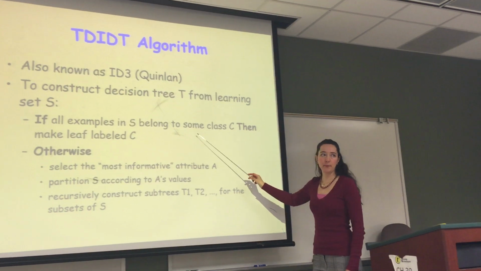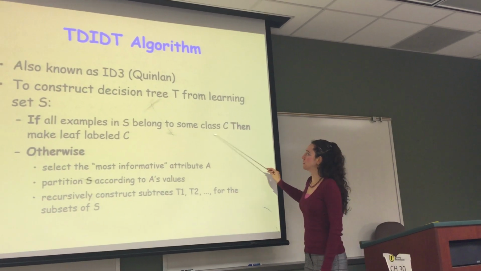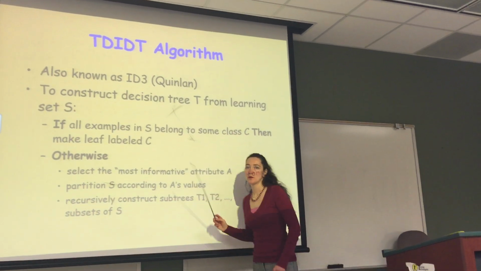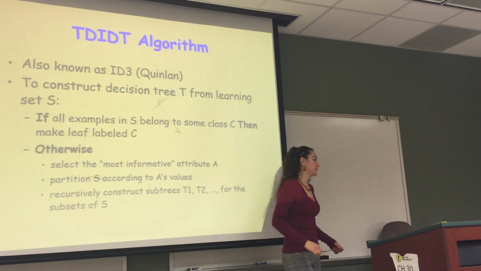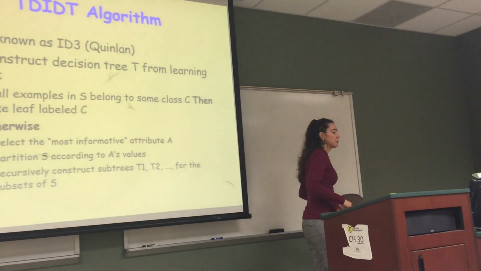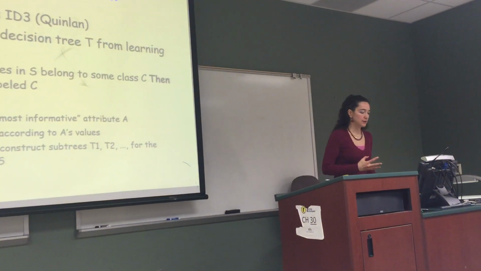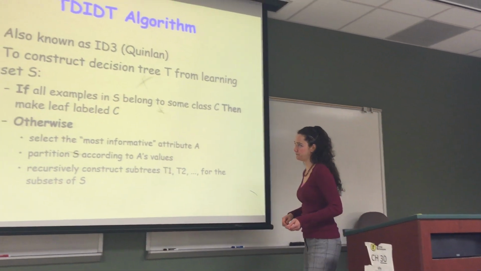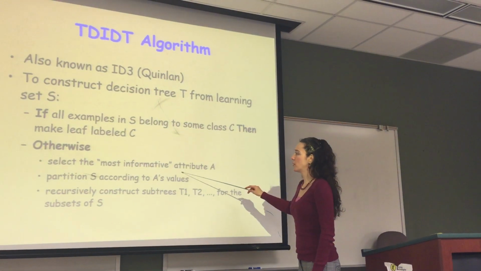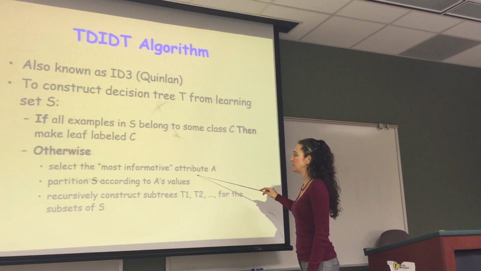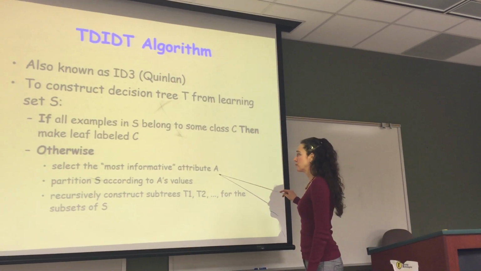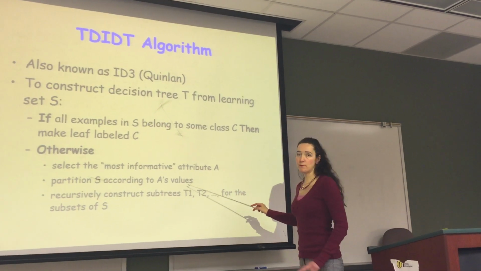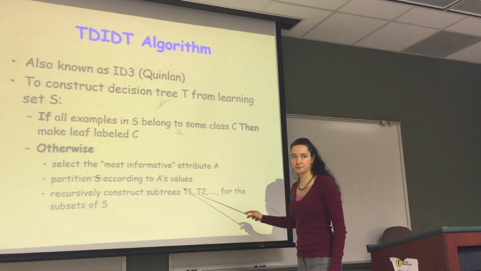If all the examples or objects belong to some class C, then we make a leaf and label it C. So the class is, for example, yes or no. If all the objects are yes, we're going to create a leaf for them. If not, we're going to select the most informative attribute and partition the objects into the number of values that this attribute has.